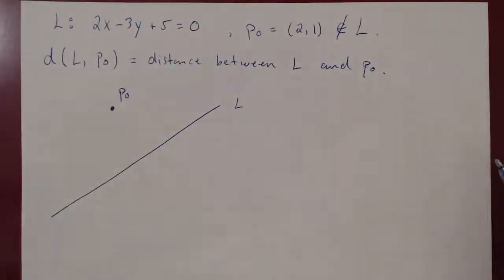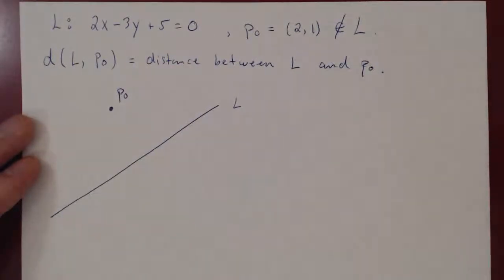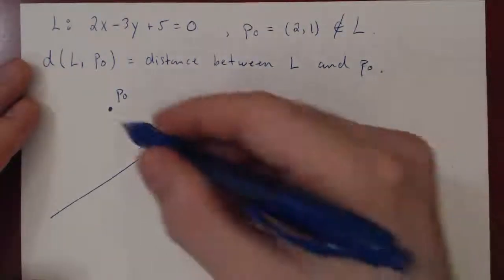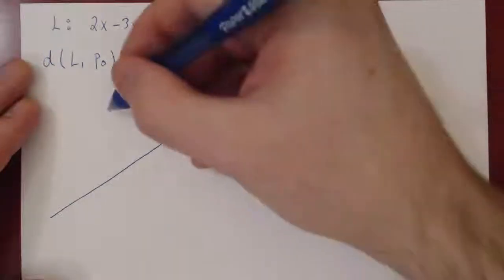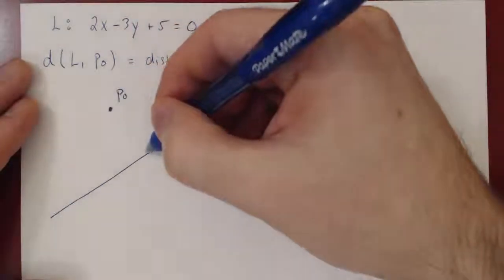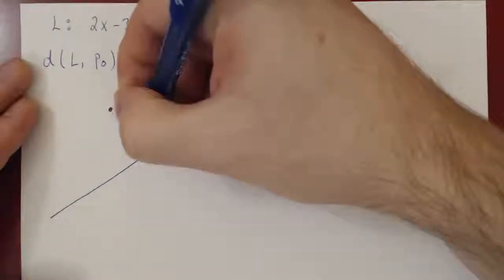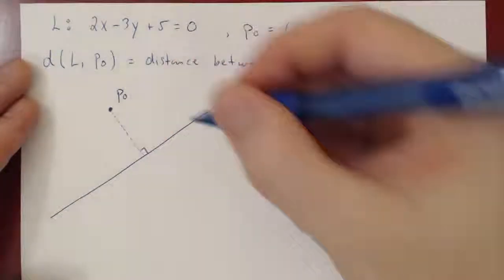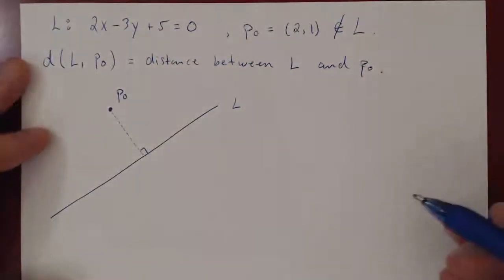As always, for any distance problem, try to visualize the line segment whose length is the distance. And of course, if you use your intuition, this would be the segment connecting P naught to L, and the line segment would meet L in a perpendicular fashion. So the length of this segment is the distance.